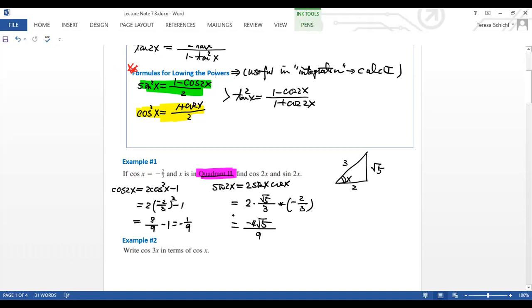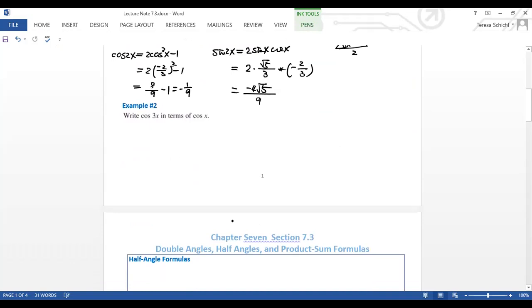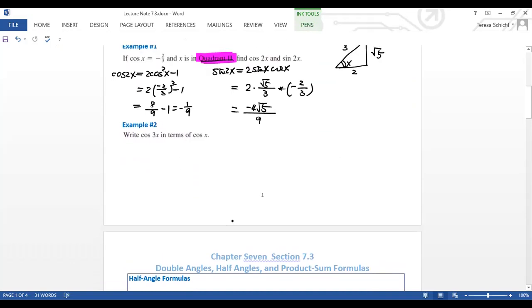All right, so now let's take a look at example number 2. It says, change cosine 3x in terms of cosine x. So for the 3x, I can use the sum formula we did in the previous section. It's 2x plus x.